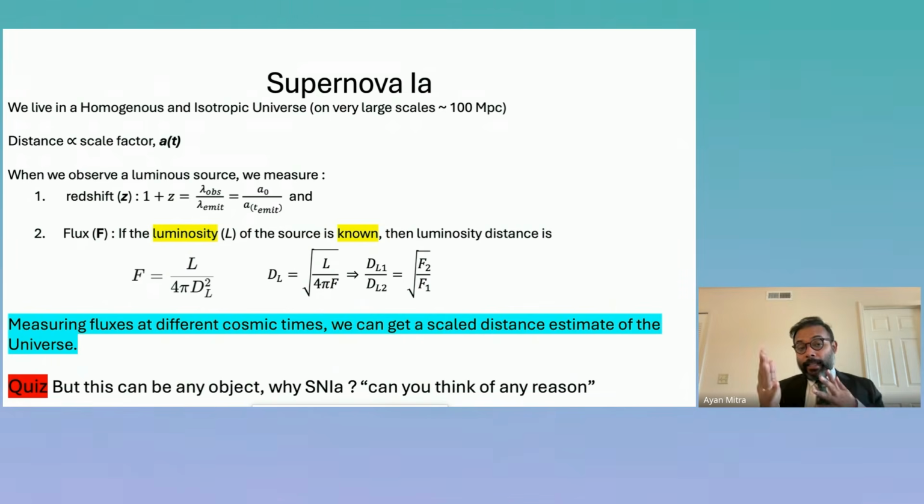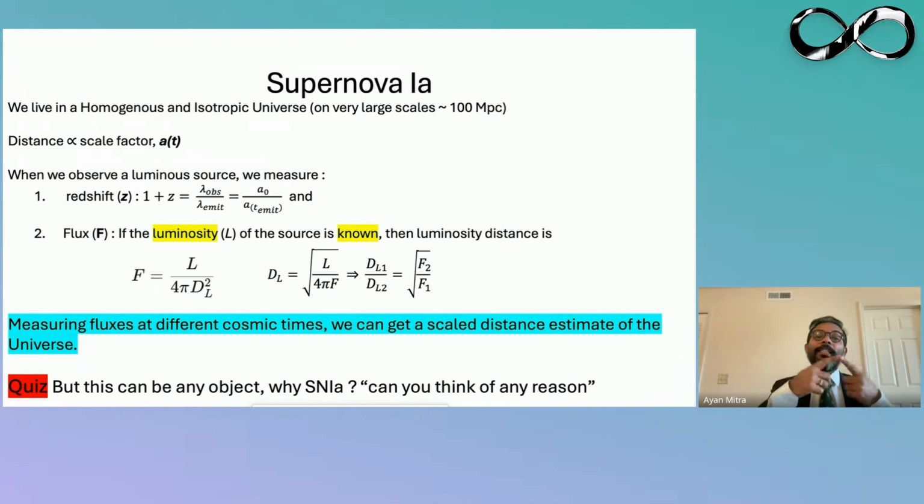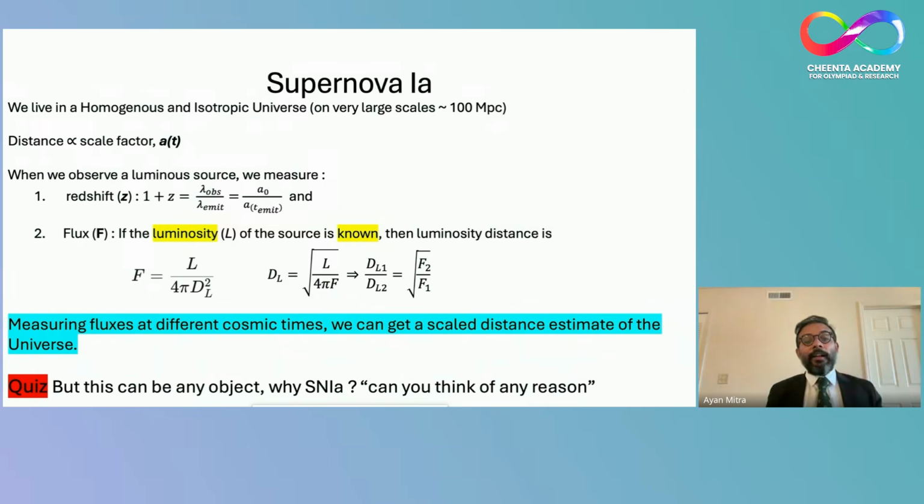Now, like I said, if it is like the bulb or the tube light, with the same luminosity, then you can just take the ratio of your flux measurements on the different days, and because L is constant, it gets cancelled out, and you are left with the flux ratio equal to the ratio of the luminosity distances, meaning the distance from you to the object.